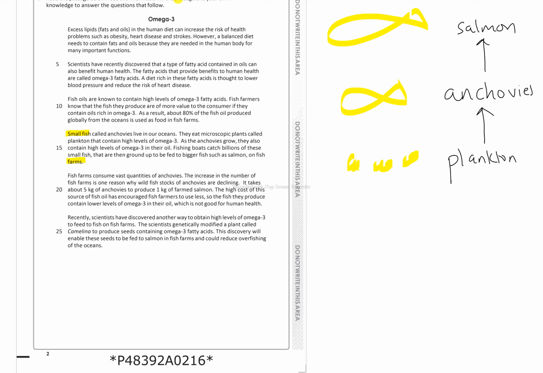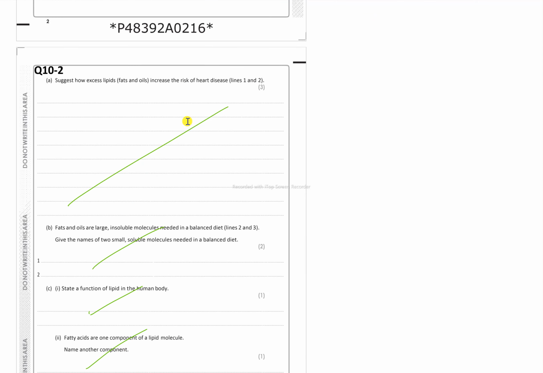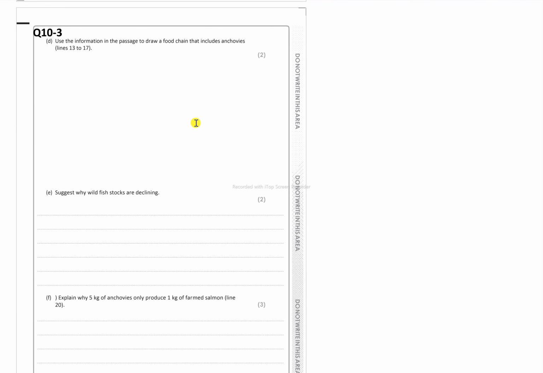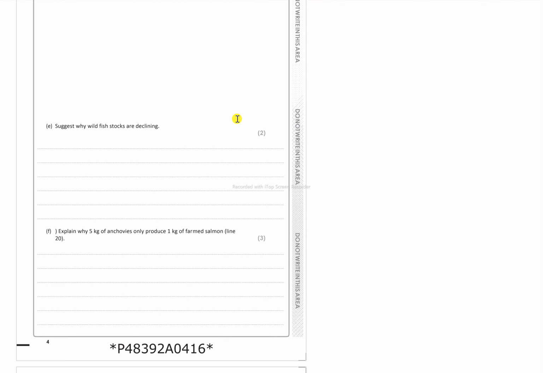Right, okay, so we've got small fish called anchovies. They eat microscopic plants called plankton, and then these are caught and fed to bigger fish such as salmon on farms. So we've done that. That's what we're interested in.